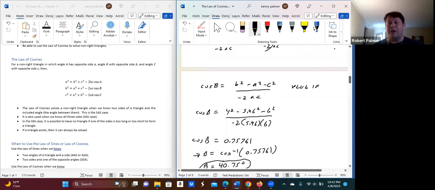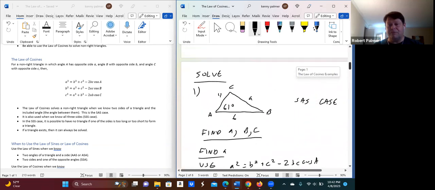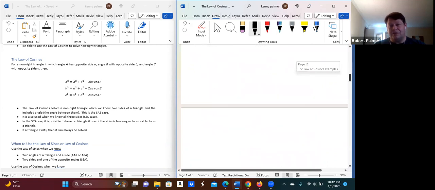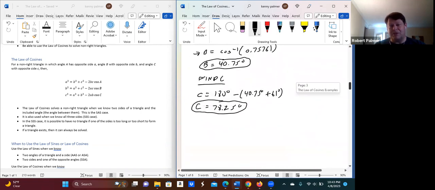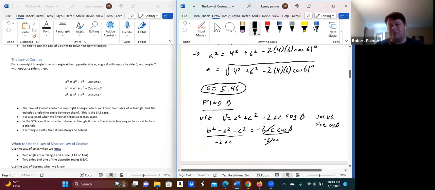Now, let's take a look at our triangle again, make sure all numbers make sense. We're not guaranteeing it's correct this way, but this is something to make sure everything is reasonable. So we said before that for any triangle, the bigger your angle, the bigger its opposite side should be. Our biggest angle is C, so we should have the biggest opposite side, which is 6, and that's true. The other two sides are 4 and 5.46.